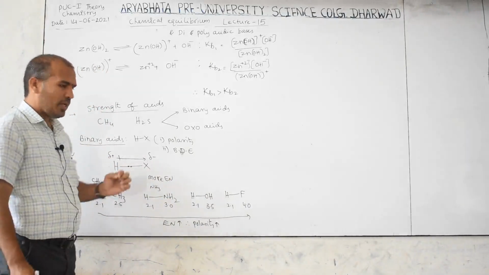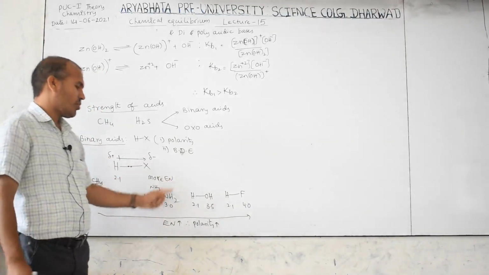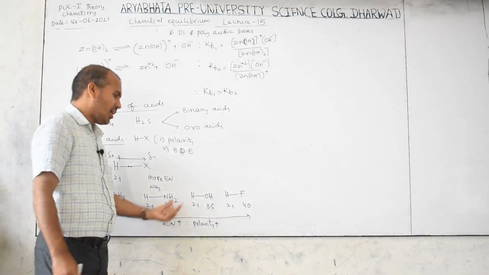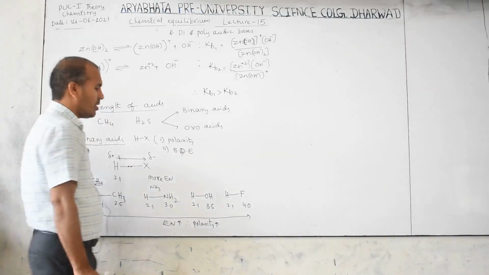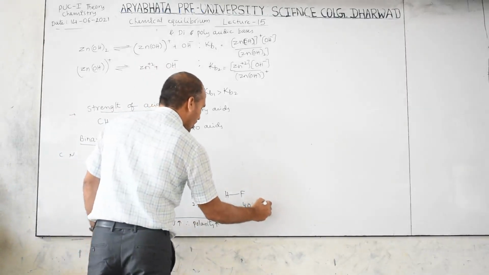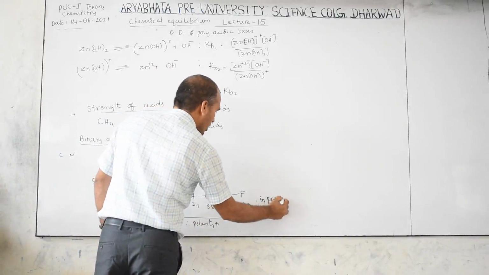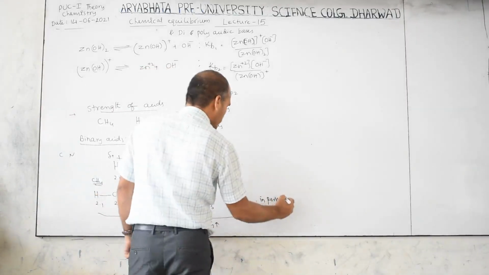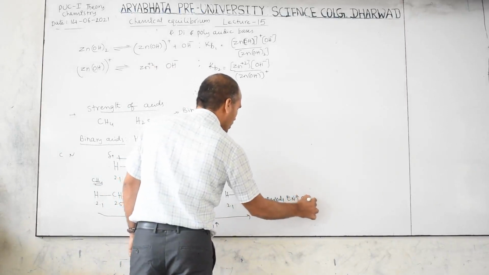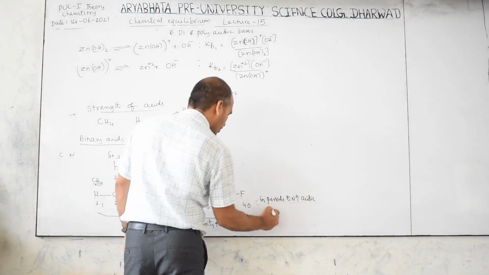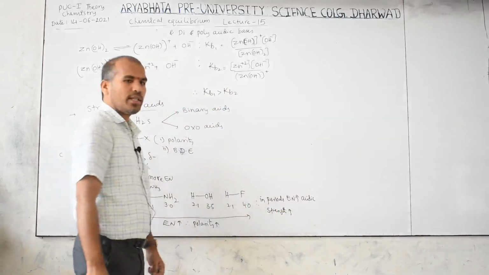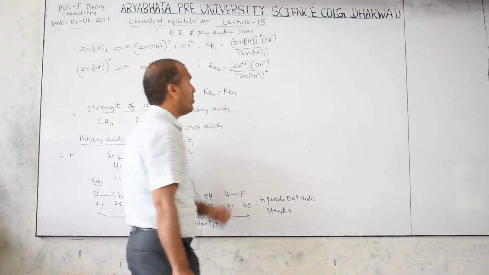Carbon, nitrogen, oxygen and fluorine are second period elements, and in a period electronegativity increases. So here we can write one statement: in the periodic table, in periods, electronegativity increases, and acidic strength increases.